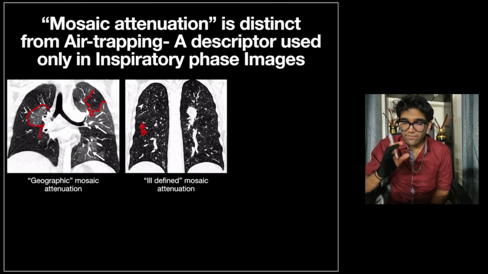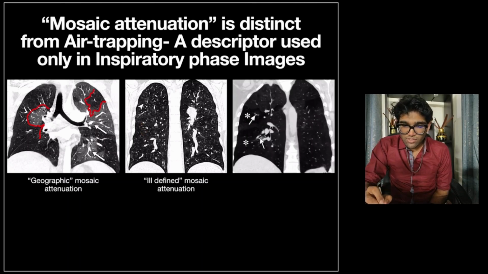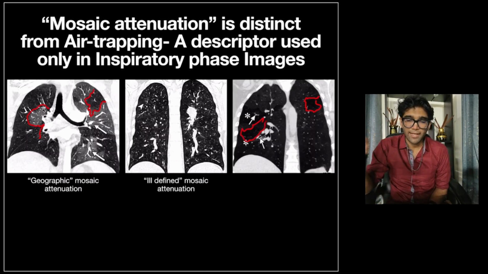So it's ill-defined mosaic attenuation. Then there are very few patches of mosaic attenuation that look very similar to our geographic mosaic attenuation, but are significantly fewer in number. This distinction is not very significant. It's just a distinction that I make.